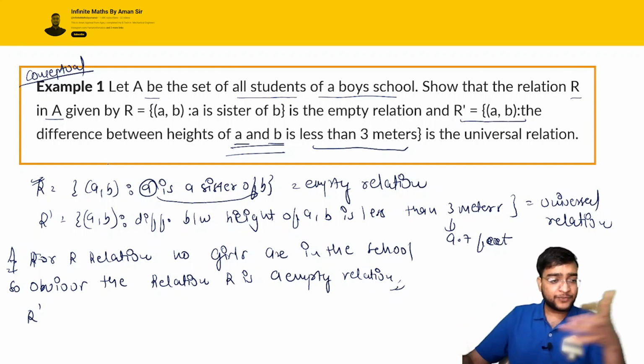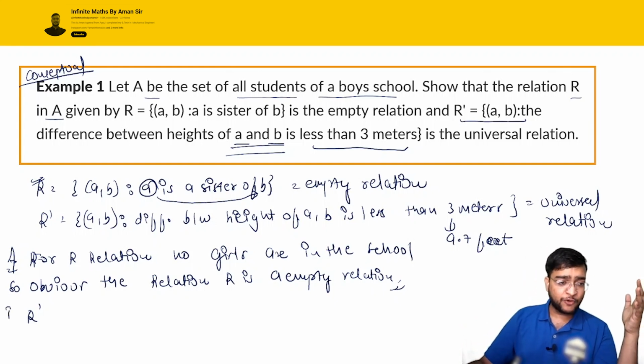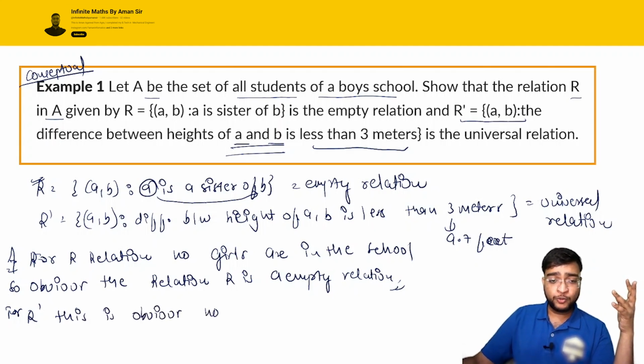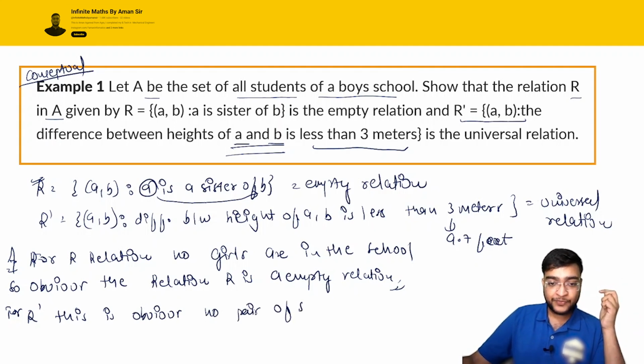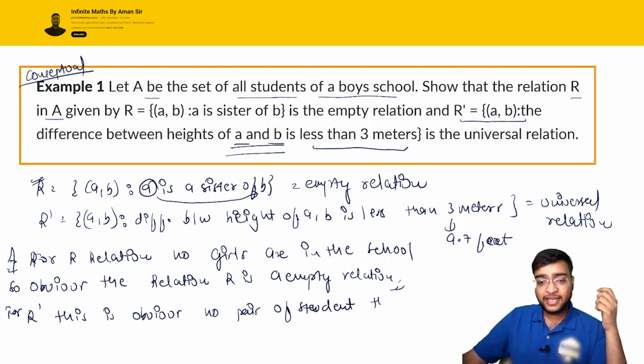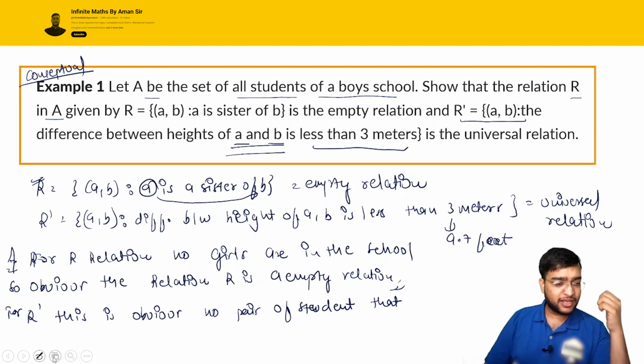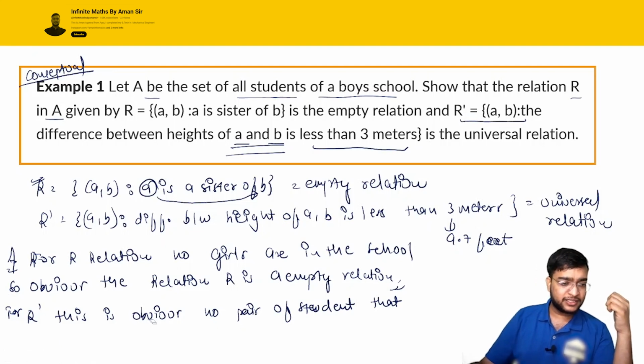So for R dash, this is very obvious. There is no pair of students that... okay, let's not take the reverse.